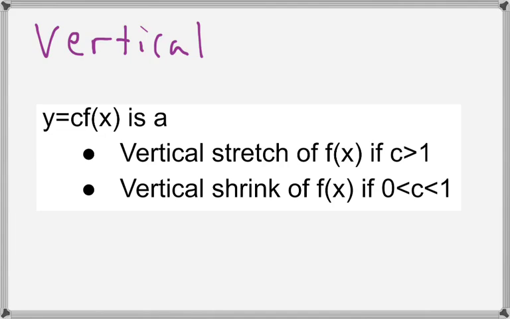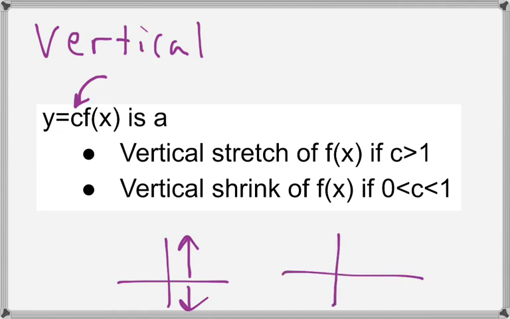So remember that when we have a vertical change in our function, that comes from doing something outside of the original function. So you can see here we're multiplying the original function on the outside by some constant. And if the constant is greater than 1, that's going to cause a stretch in the vertical direction. So the graph's going to get pulled away from the x-axis.